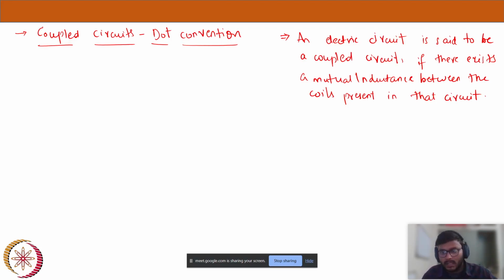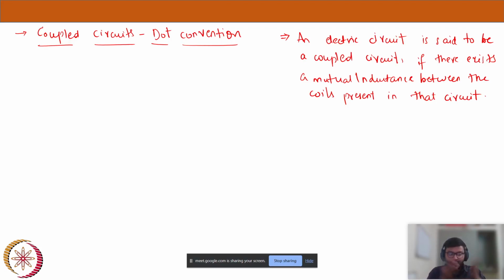Now we will see the dot convention. Before that, we will see what the different kinds of dot convention are, so let's see the definition of the dot convention technique. It is a technique which gives details about the voltage polarity at the dotted terminal.